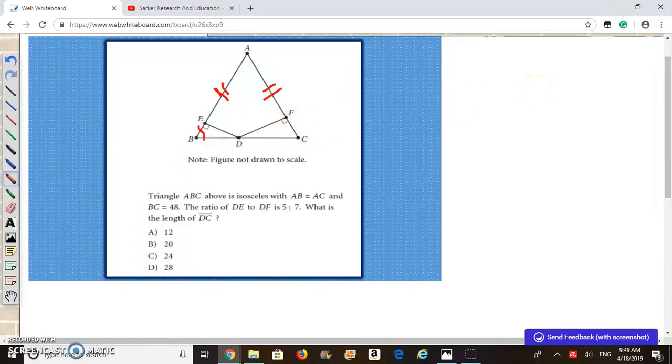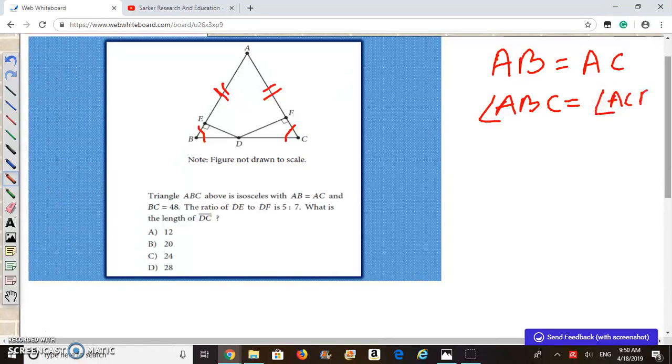So since AB equals AC, the angles opposite these sides are also equal. So we can write that angle ABC equals angle ACB. So they are congruent.